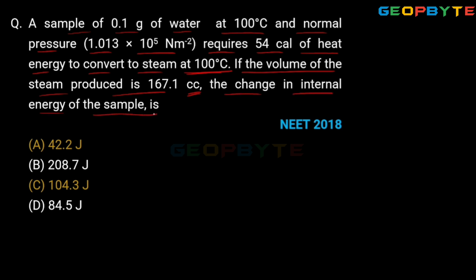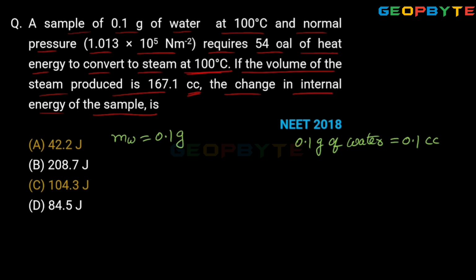the sample is... The similar problem, almost a similar problem we have done. Do you remember? Yes. Anyhow, it is given that mass of the water equal to 0.1 gram. 0.1 gram of water is equal to 0.1 cubic centimeters.